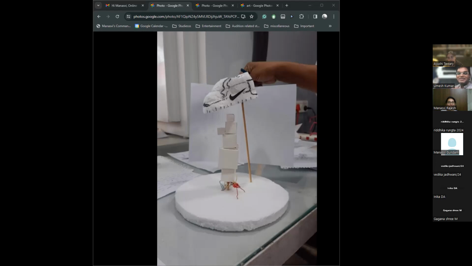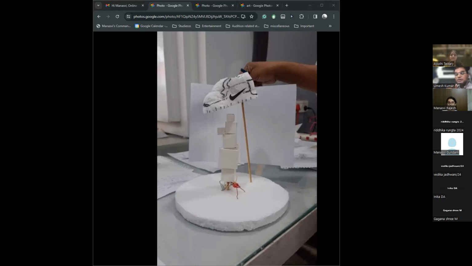We were just holding it so that we could get a clear picture, because there's a lot of other stuff behind. I'm thinking about the idea that a shoe can crush the ant. How should I take that?